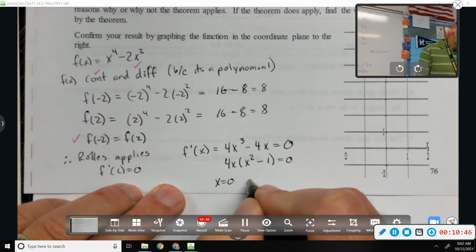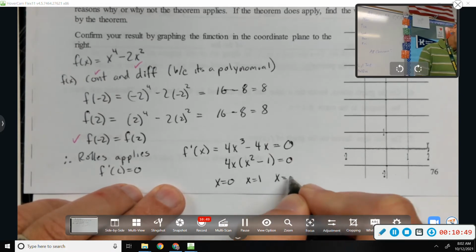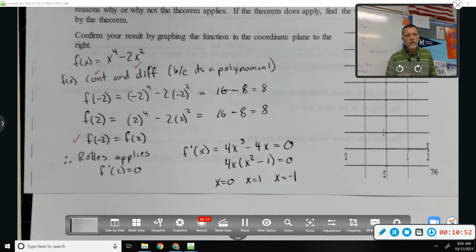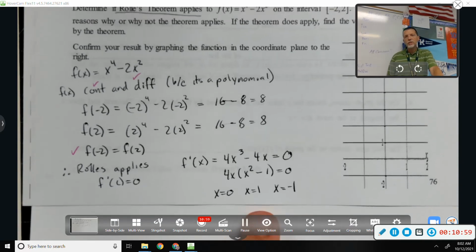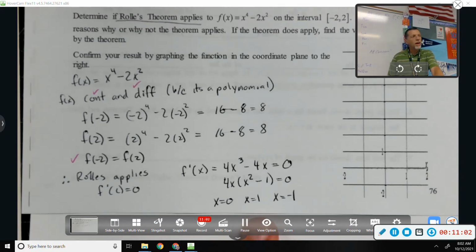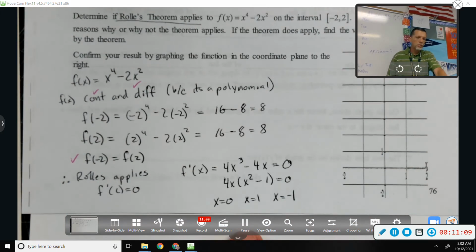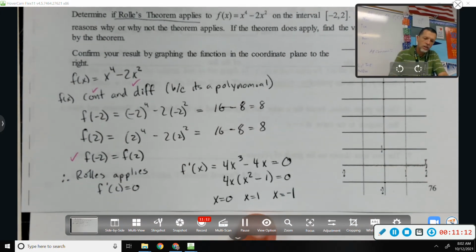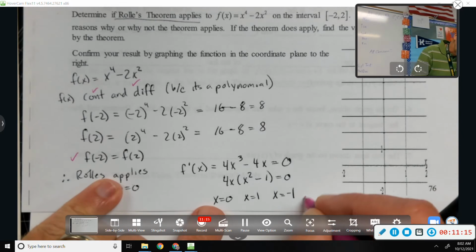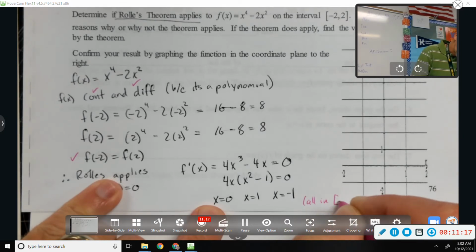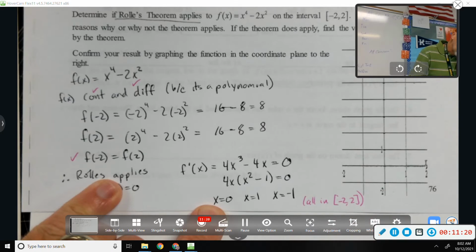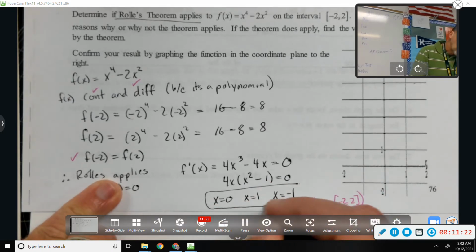So x equals 0, x equals 1, and x equals negative 1. I do need to be careful to make sure all of those are in the interval we started with. Sometimes it's cruel, but sometimes you end up with an answer that's outside of the interval, so you'd have to throw it out. But all of these are on negative 2, 2. So we're good with those as our answer.